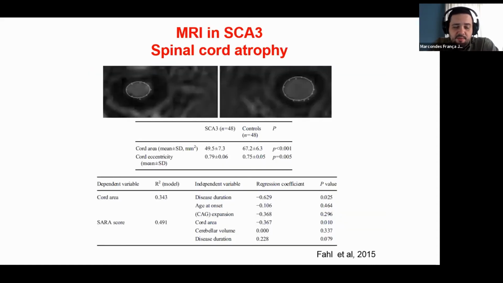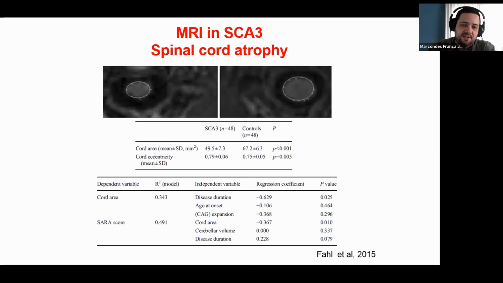Another relevant portion of the central nervous system involved in Machado-Joseph disease is the spinal cord. We're going to discuss this a little more during the talk, but I'd like to call your attention to these findings. This is a publication from our group also, where we performed volumetric analysis of the cervical spinal cord in these patients.